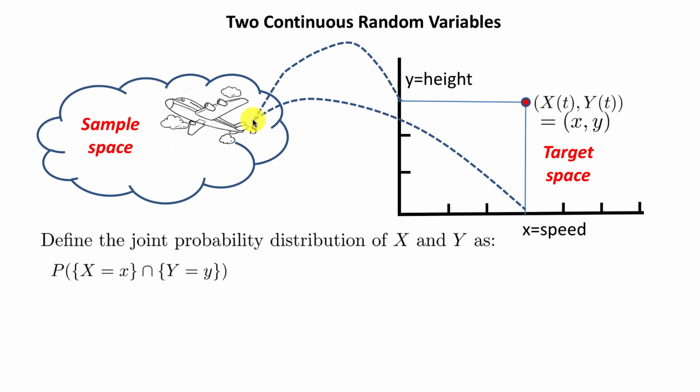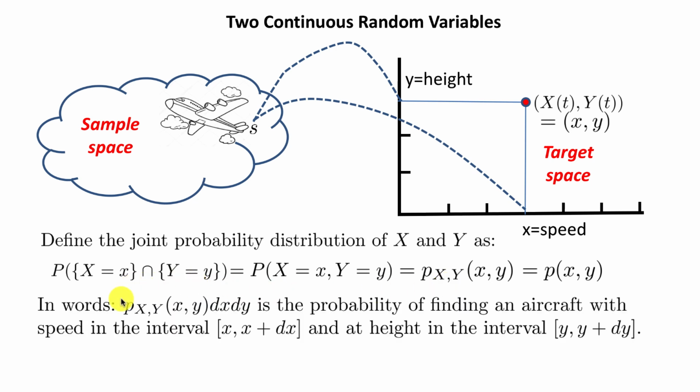The joint probability distribution of X and Y is the probability that X takes the value x and Y takes the value y. So this is to be denoted as this, or making it a bit shorter, p(x, y) as a function of the values x and y, and sometimes we make it still shorter, but they all mean the same thing here.